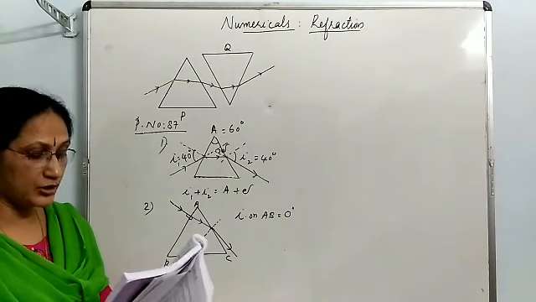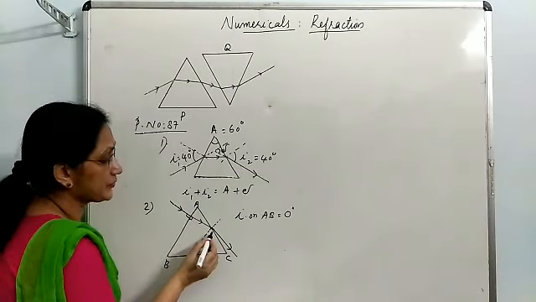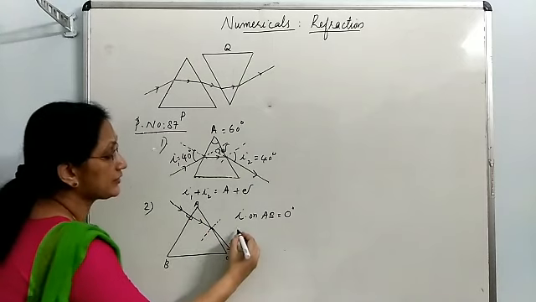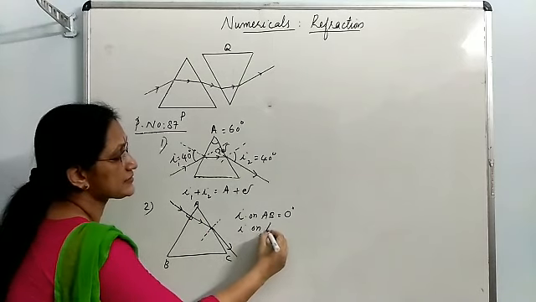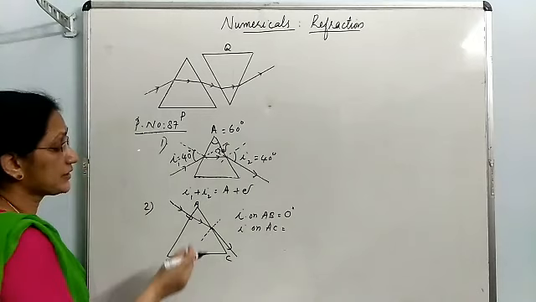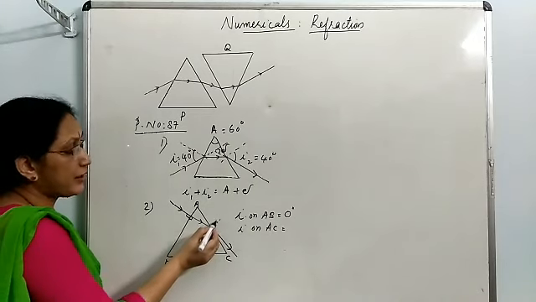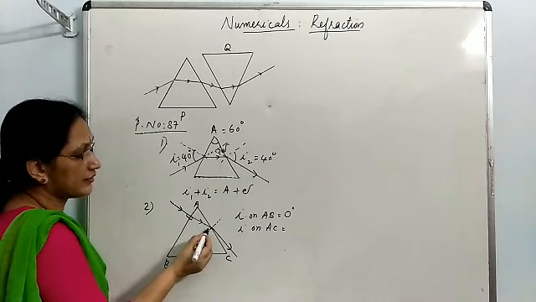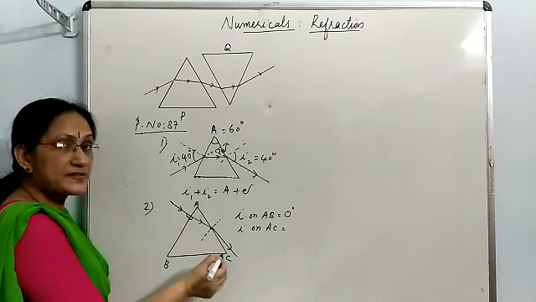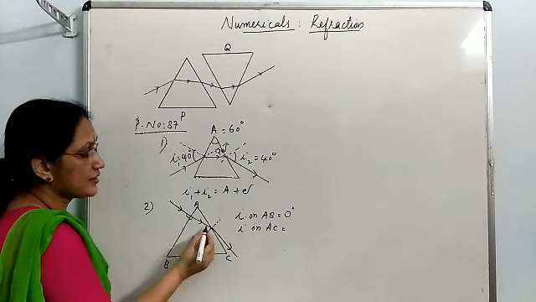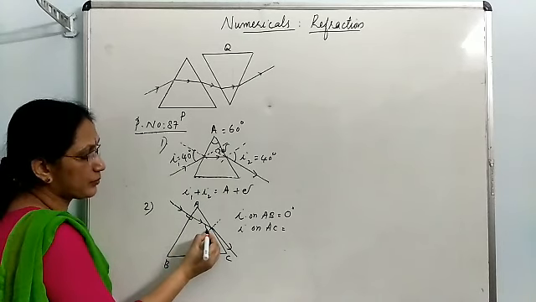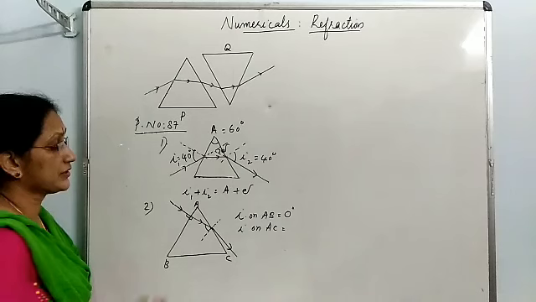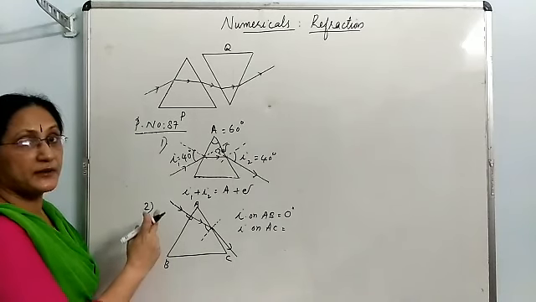Then angle of incidence on the second face. AC is the second face. There you have to calculate the angle of incidence on the face AC. On the face AC I have drawn the normal. For the face AC this is the incident ray. The angle between this ray and normal, this angle we have to calculate. It is given that it is an equilateral prism.